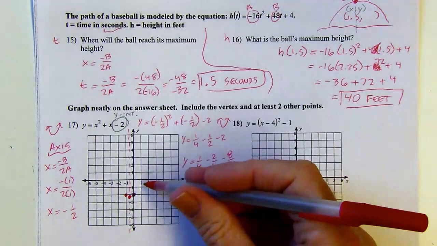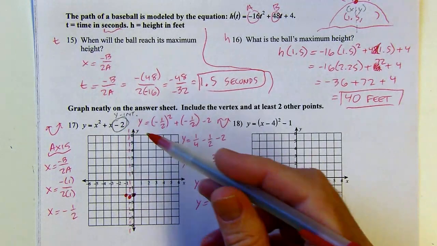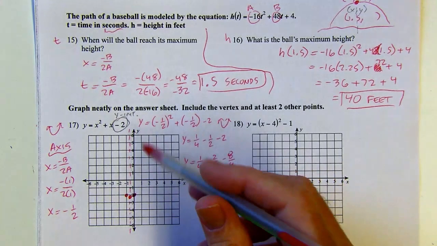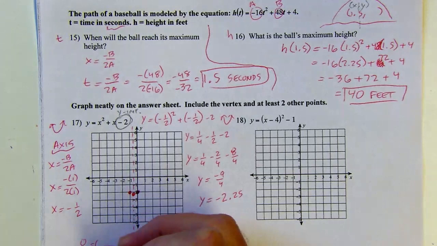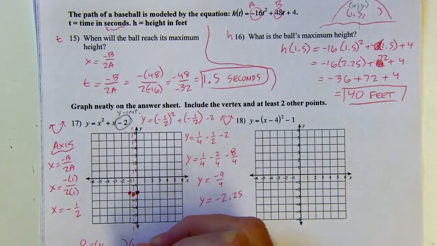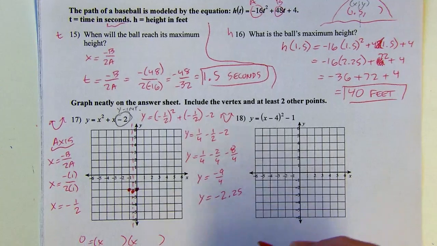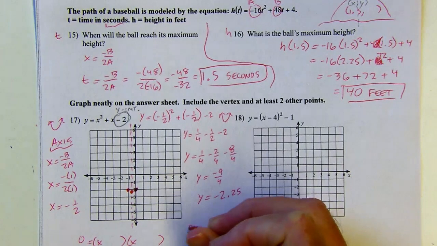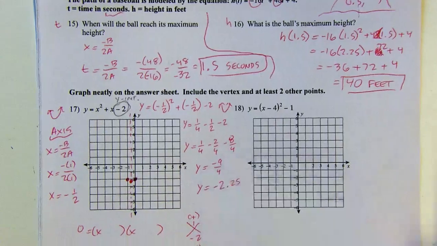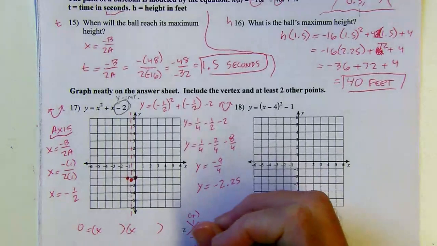You could get more points by finding the x-intercepts by factoring this, if it's factorable. Let's see. The factored version of this, I'll just go ahead and do this too. So I'd have a 2 and a negative 1.